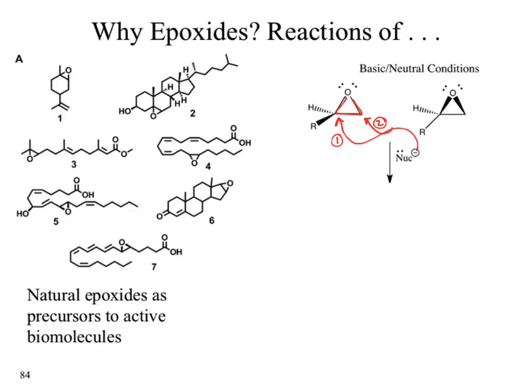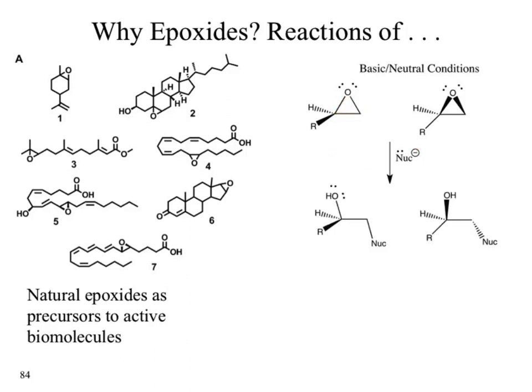Why do I care about that? What doesn't want to happen as easily? What mechanism? It's an SN2 mechanism with backside attack. Because of that, I want the least sterically hindered attack. The nucleophile will come in at the 2 position, not the 1.